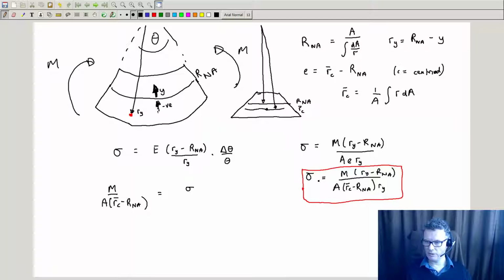Right, well, your stress, and then we've got some variable terms here. I think I'll keep the stress on the left. Okay, so that would start to look similar to the engineer's bending equation.